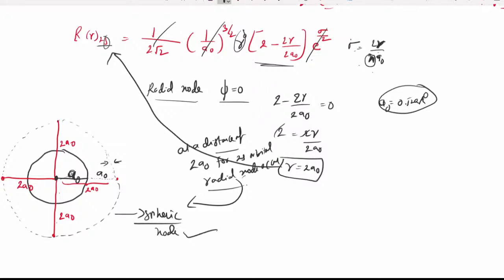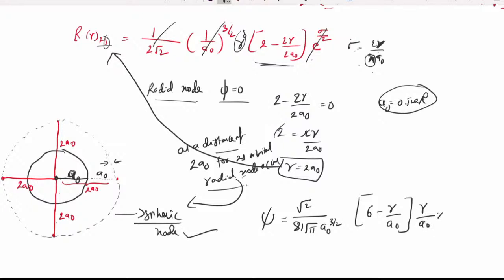Okay, for your convenience, psi is equal to root 2 by 81 root pi, a naught power 3 by 2, into 6 minus r by a naught, into r by a naught, into e power minus r by 3a naught, into sin theta cos phi. I got it.